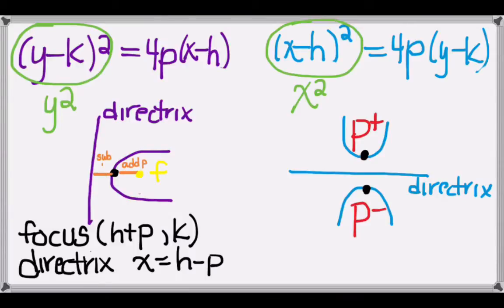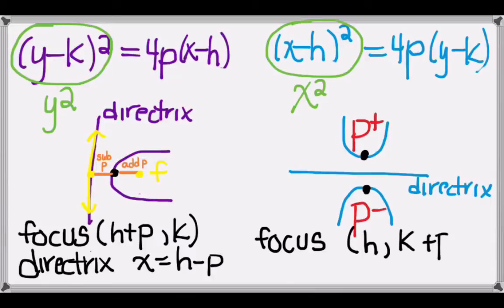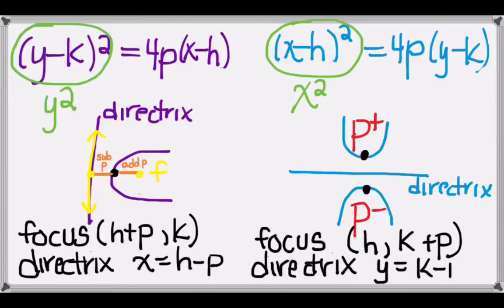You add p to get to your focus, and you subtract p to get to your directrix. And you're adding and subtracting the p specifically to the x values. And it's switched for the x squared parabola. The focus is at (h, k plus p), and the directrix is at y equals k minus p.